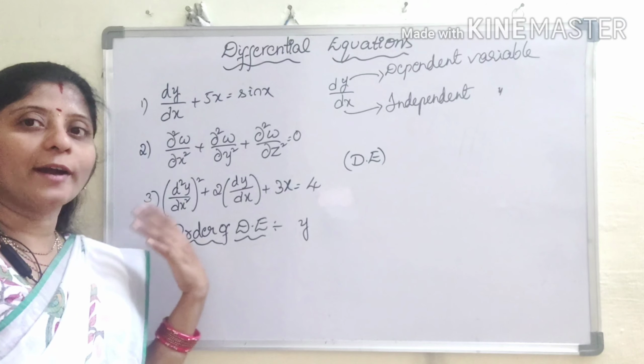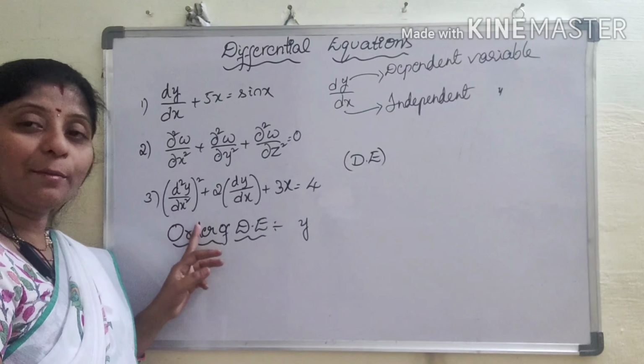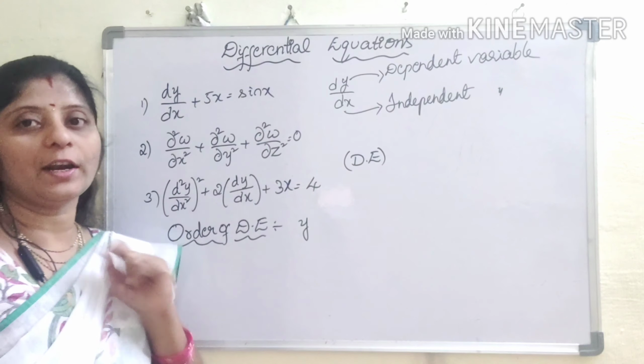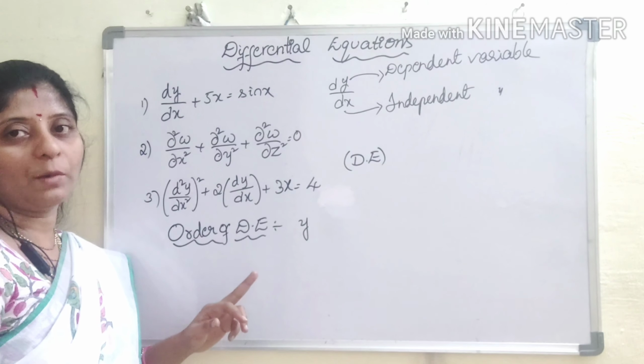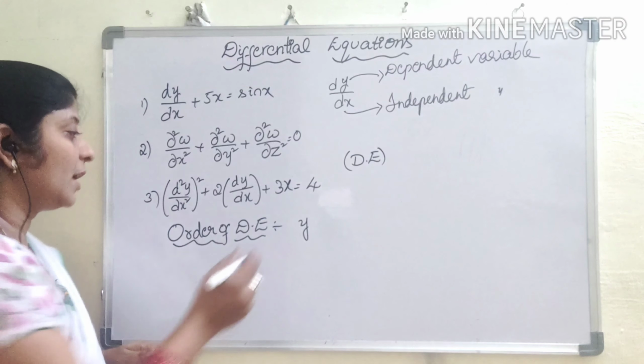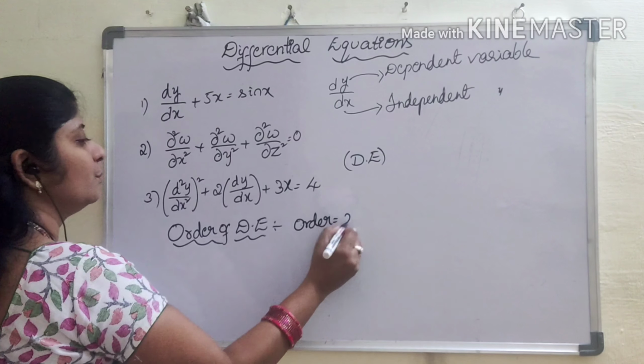But the highest order of the derivative is 2, d square y by dx square. The order of the differential equation is the highest order derivative of the dependent variable y. That means here order is equal to 2.